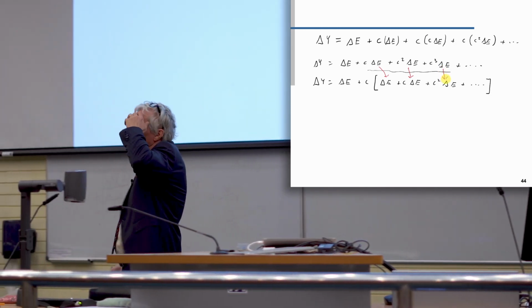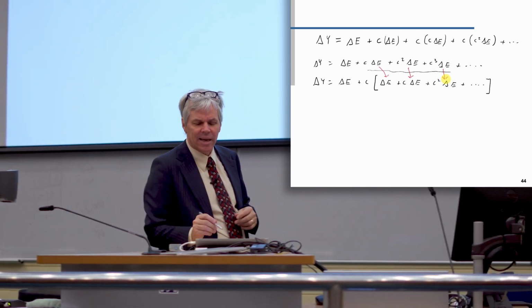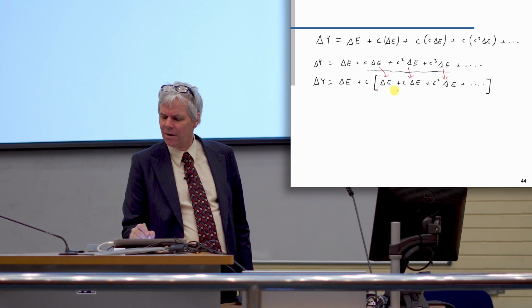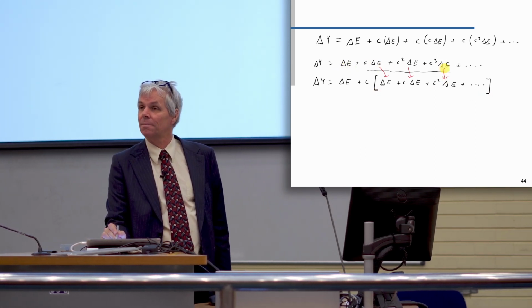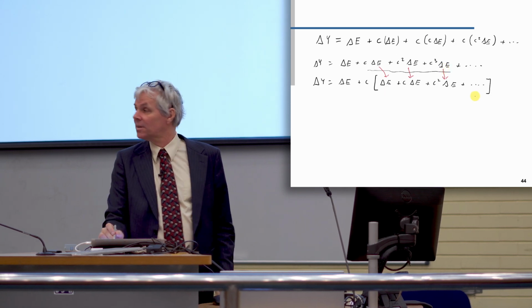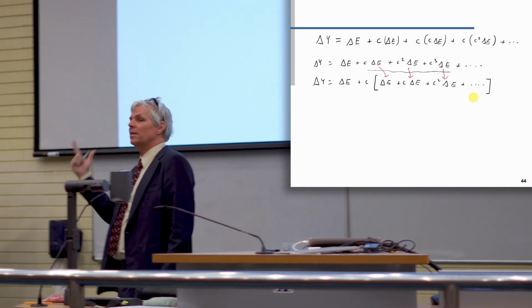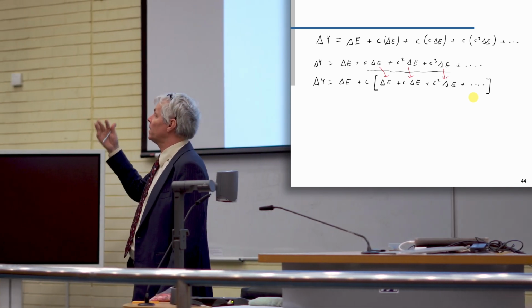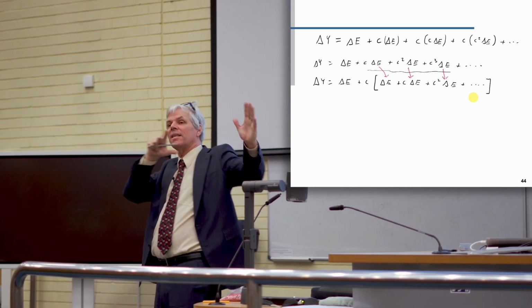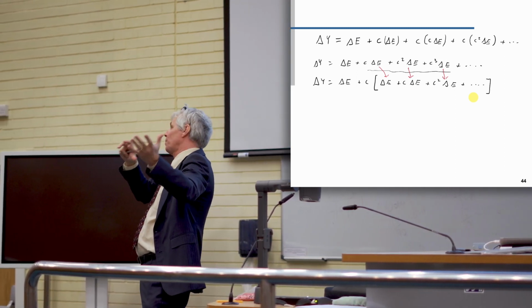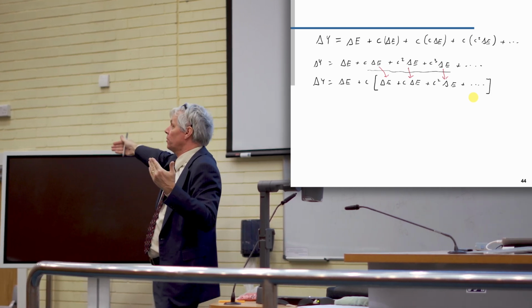And I rewrote it in a particular way because of this next bit, because I can see now that this bracket looks just like this line in the previous line, right? They are, in fact, the same thing. They're this infinite series starting with delta e plus c delta e plus c squared delta e, and so on and so forth. And because they're infinite, the fact that I've staggered it one period, one round, doesn't matter because it's the infinite series.